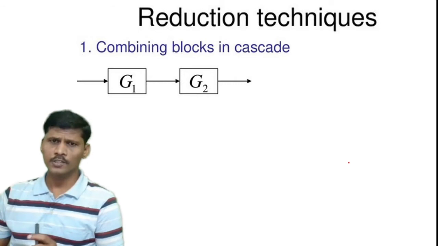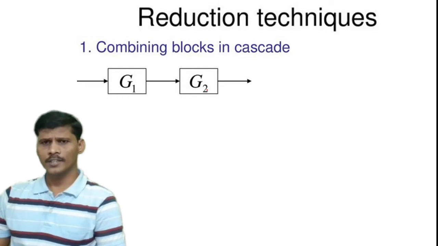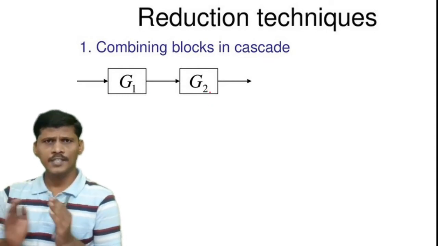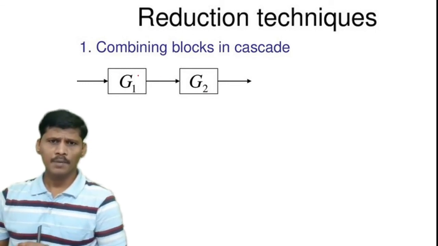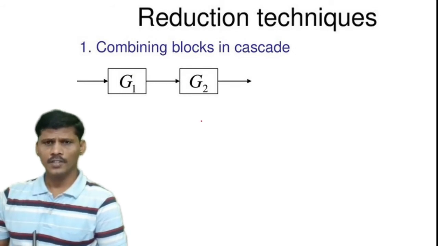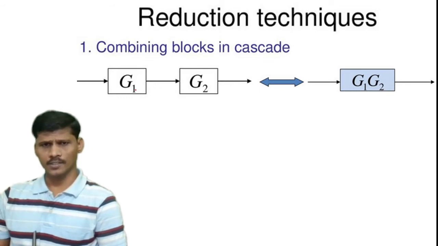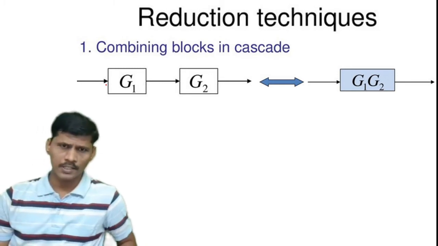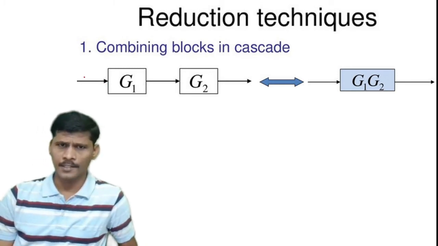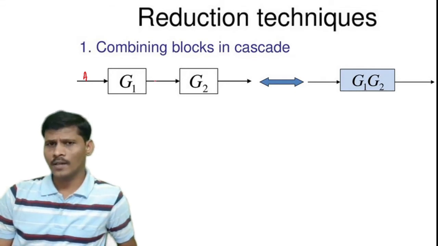So this is multiplication. Suppose here there are two blocks, block 1 and block 2, and these two blocks are in series or cascade form. Multiplying these two blocks, we get the resultant block, which is the equivalent representation of this cascade connection. The input to the first block is A, and the output of the first block is A into G1.